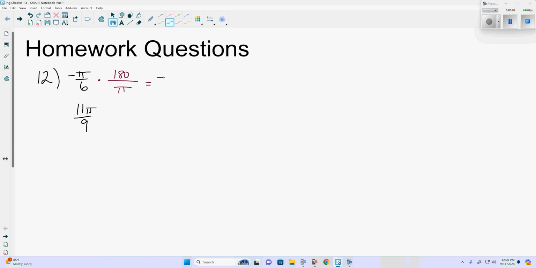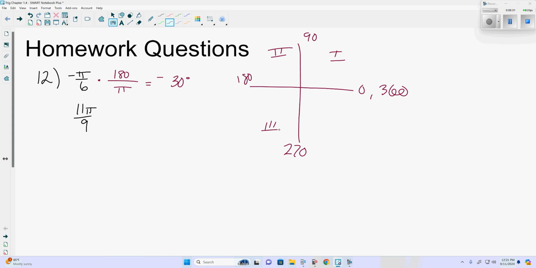So it'll give us negative 30 degrees. Negative pi over 6 is the same as negative 30. So if we want to see what it is, because again, our coordinate plane has 0, 90, 180, 270, and 360. This is 1, 2, 3, 4.